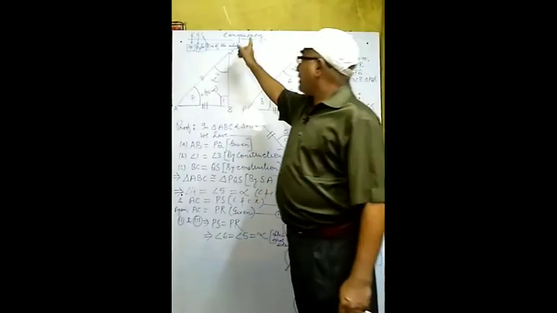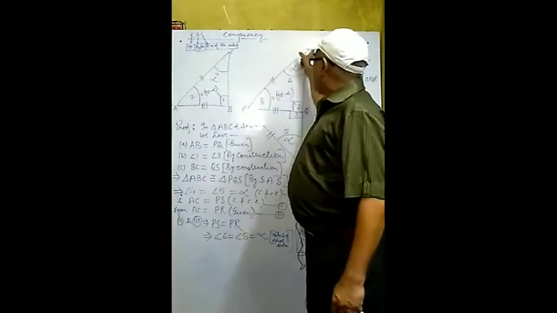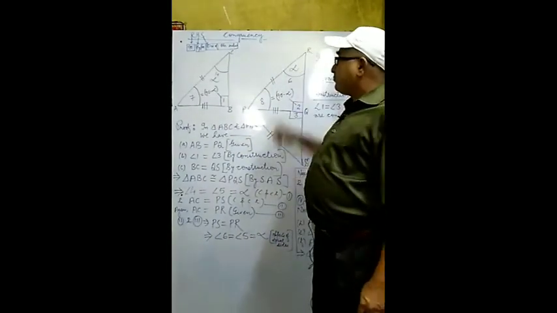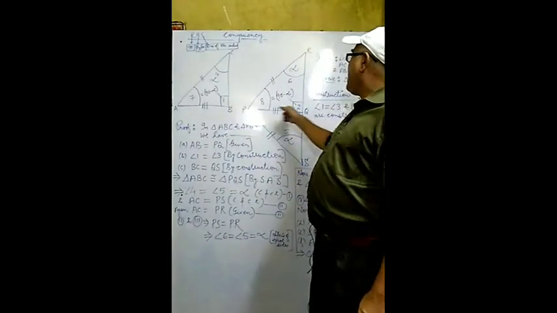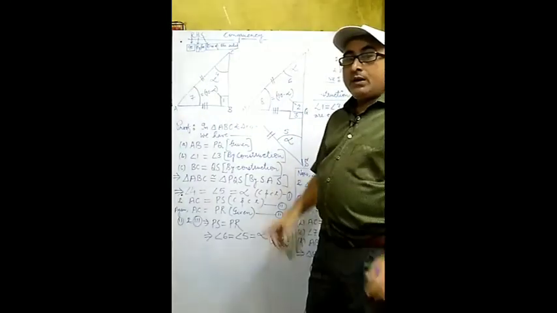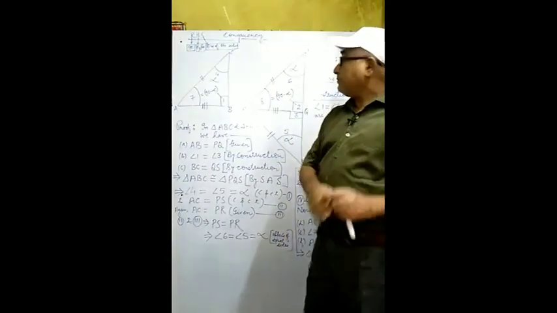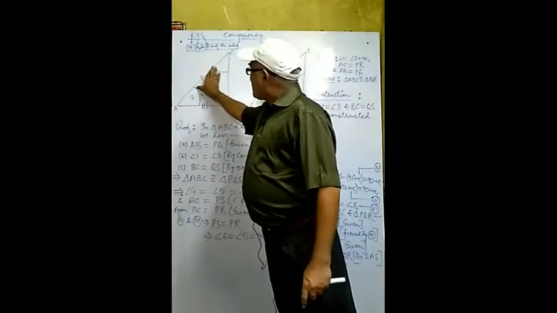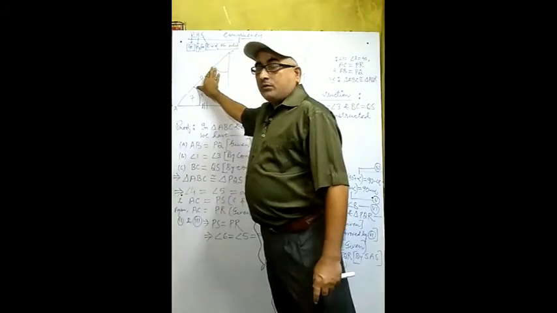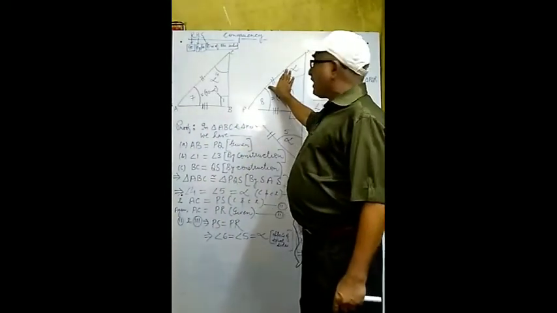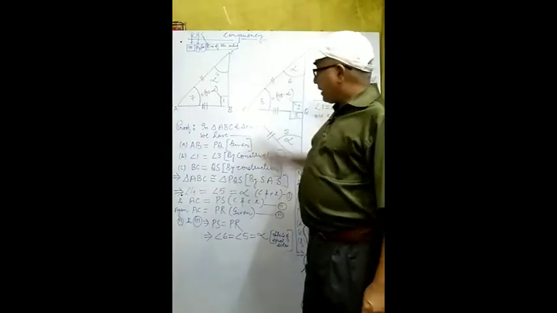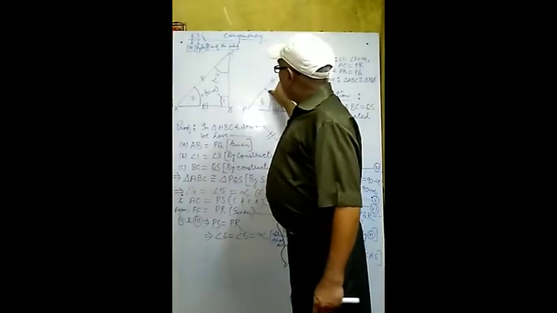Now again we have to take this complete triangle and this upper triangle, meaning triangle ABC and triangle PQR. Now matching parts will be there. This side of triangle ABC is equal to this side of triangle PQR. Again, how can you say?